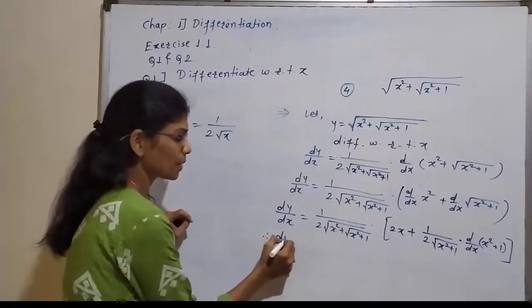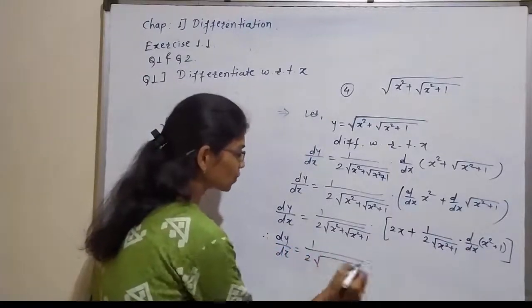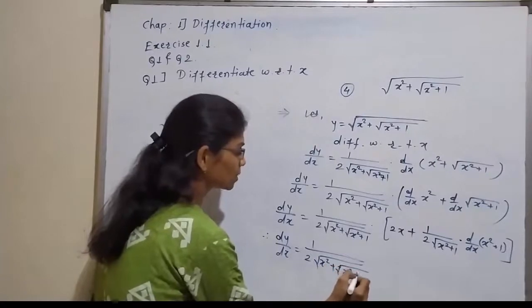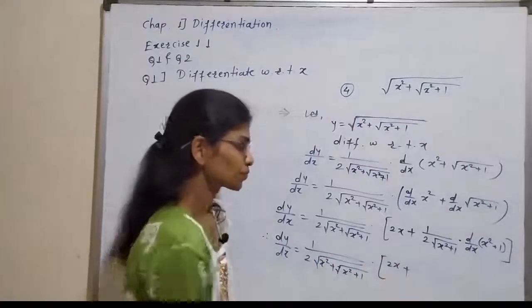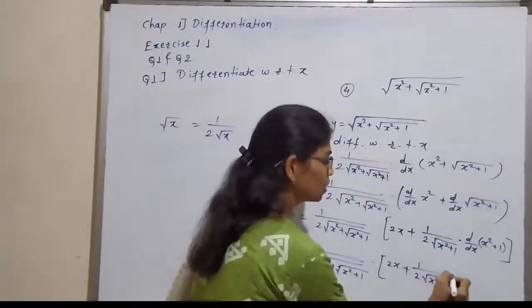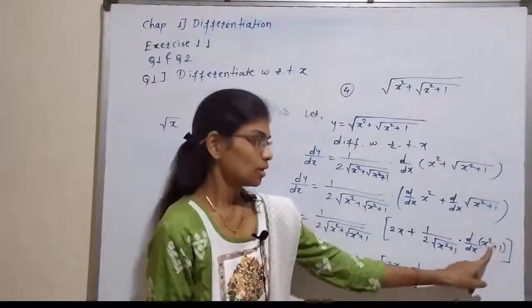So dy by dx is equal to 1 divided by 2 into square root of x square plus root of x square plus 1 multiplied by, in bracket, 2x plus 1 divided by 2 root of x square plus 1, multiplied by the derivative of again x square.